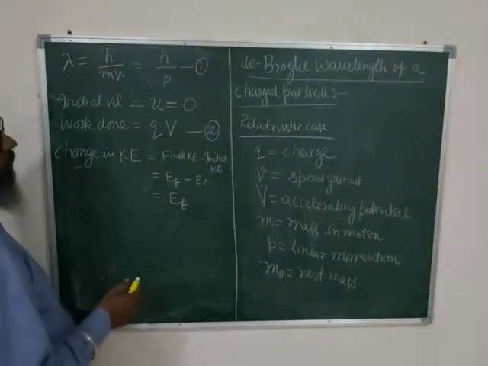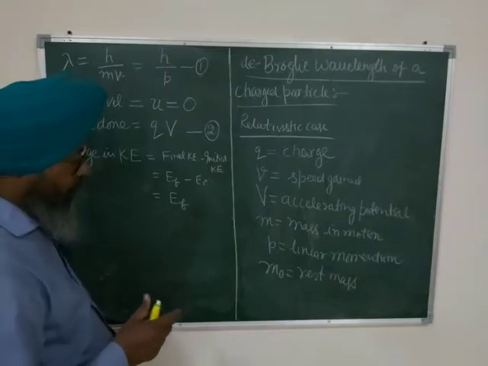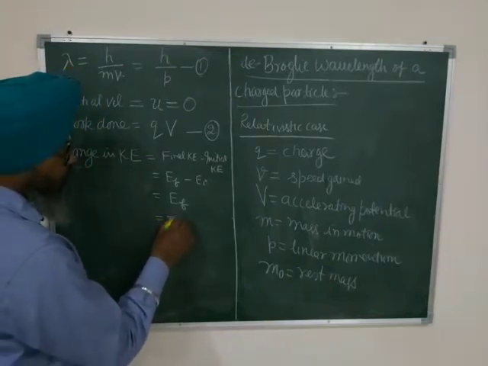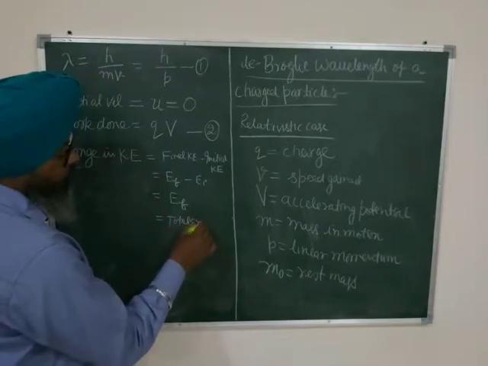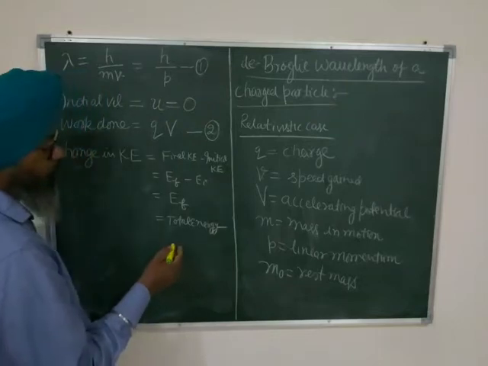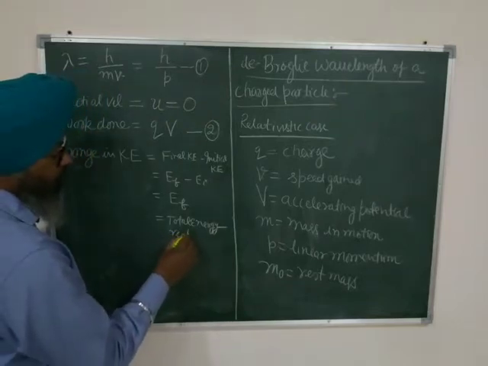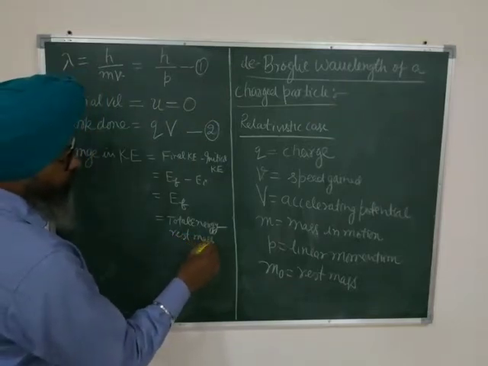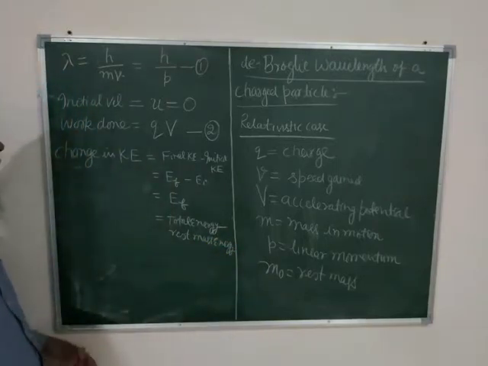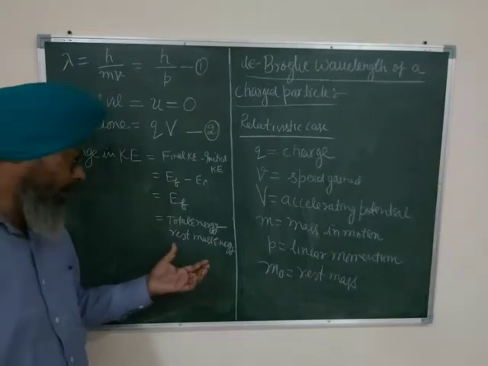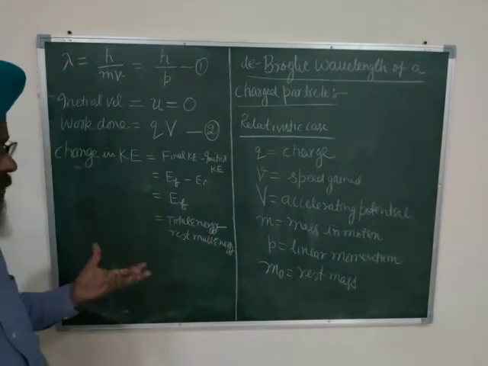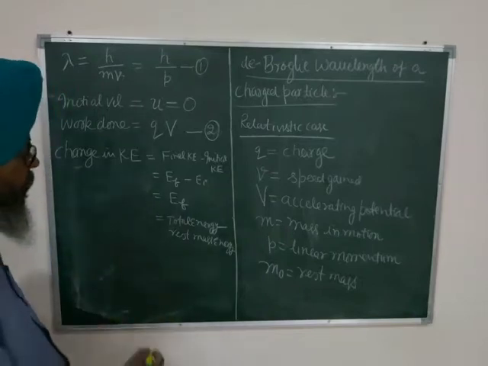Now the final kinetic energy achieved by the charged particle is equal to total energy minus rest mass energy. If I subtract rest mass energy from the total energy of the particle, then the remaining energy will be the kinetic energy.